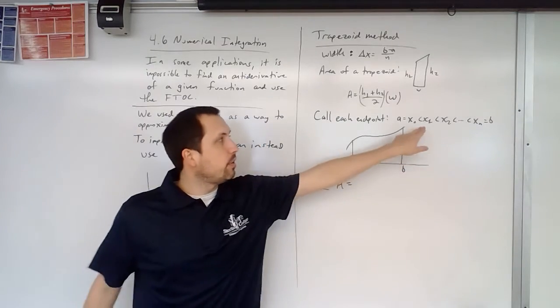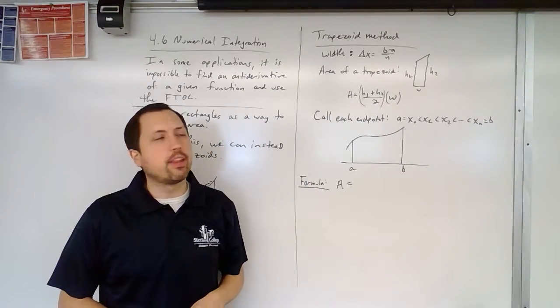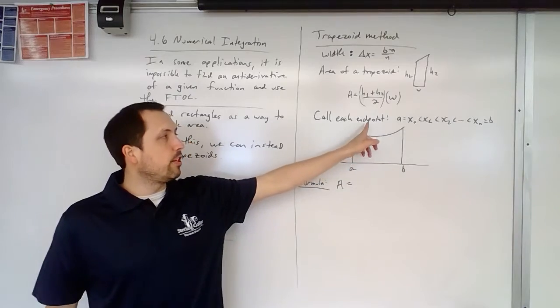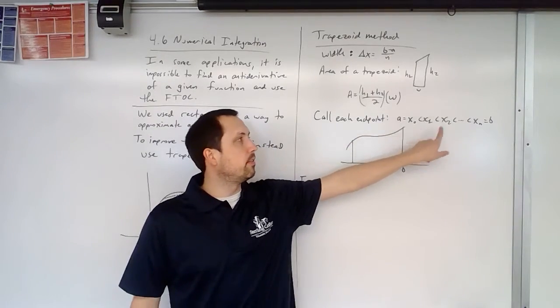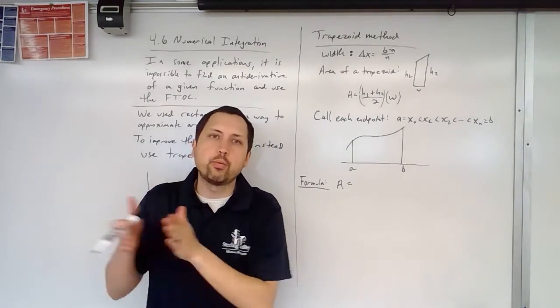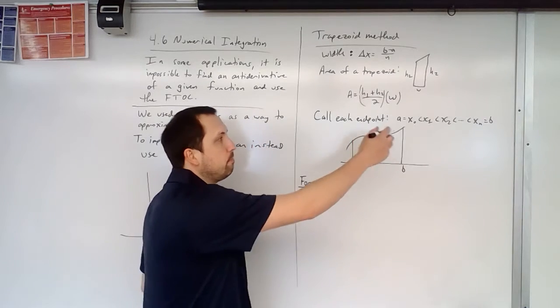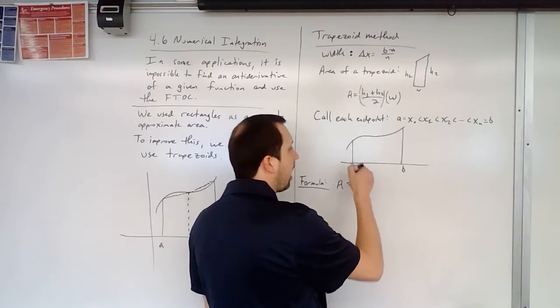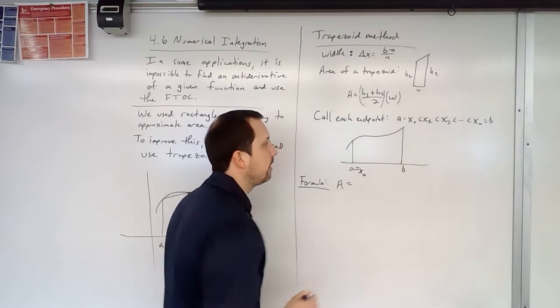Some notation that we're going to become familiar with is this endpoint notation, where we have subscripts to indicate where each of our endpoints will be in our region. The first endpoint where we're starting, we're going to call x sub 0.